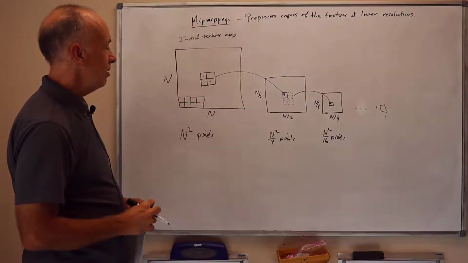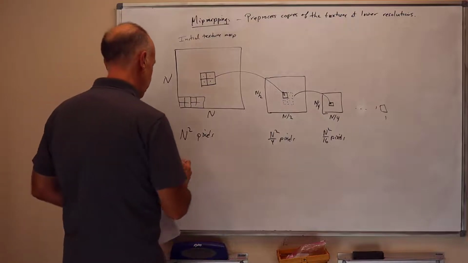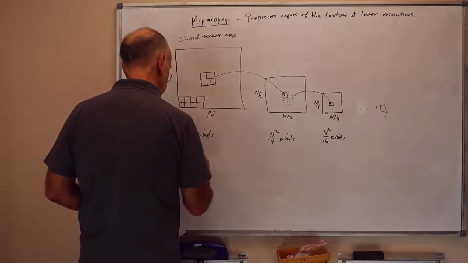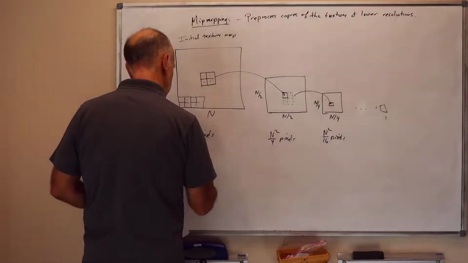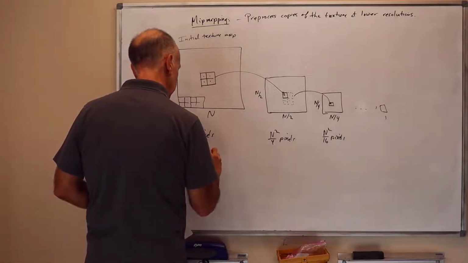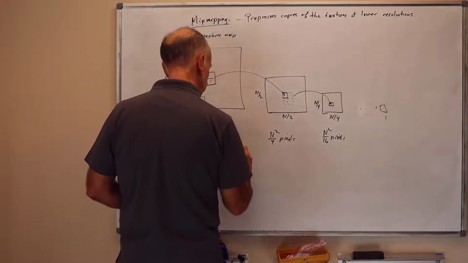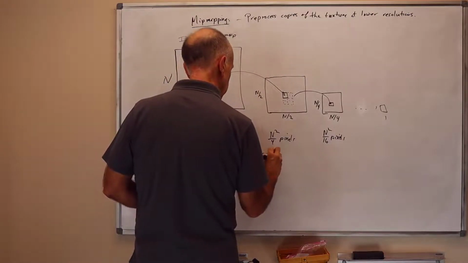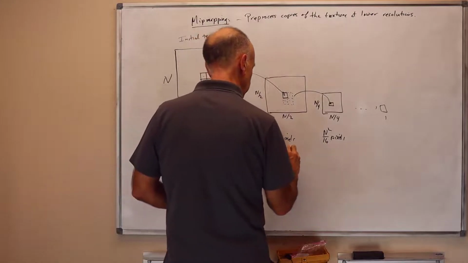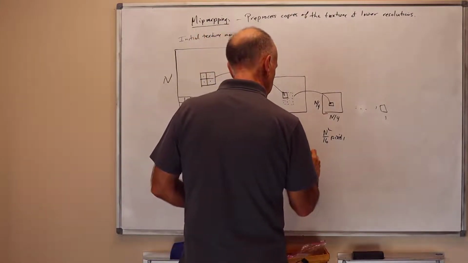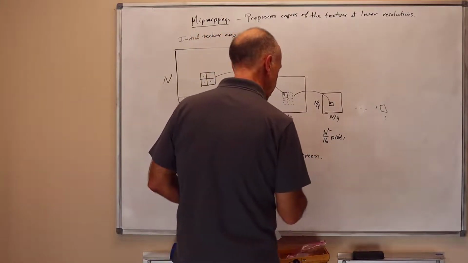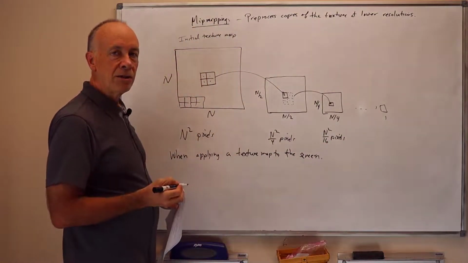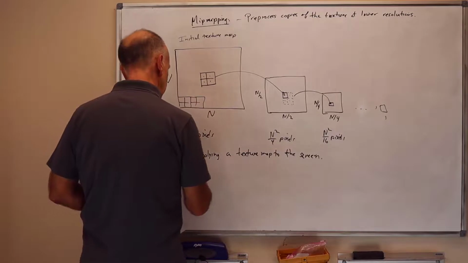And you'll notice that then, when applying a texture map to the screen image, to the screen, what we do is we look at the resolution of the screen versus the resolution of the texture maps, and we do the following.